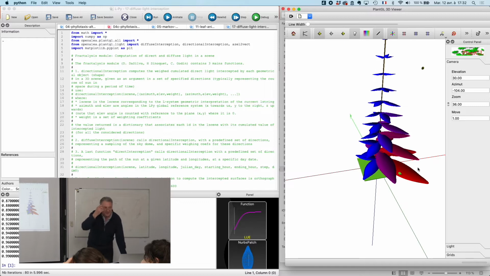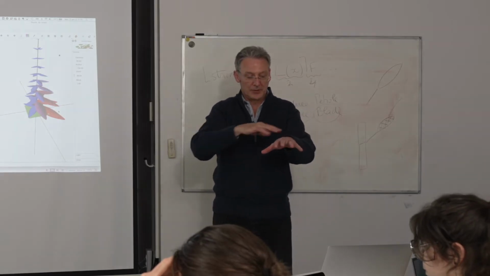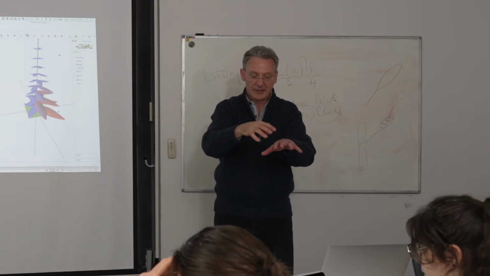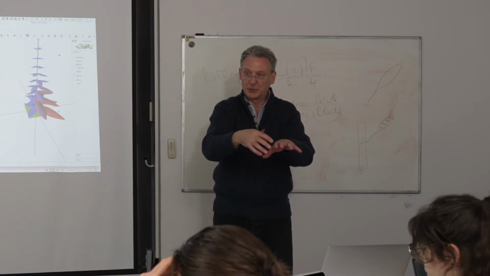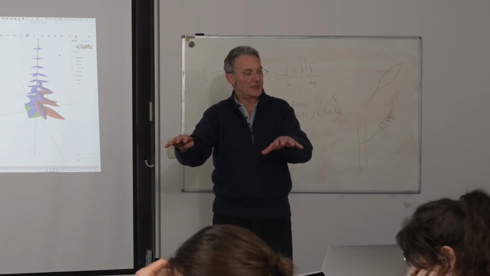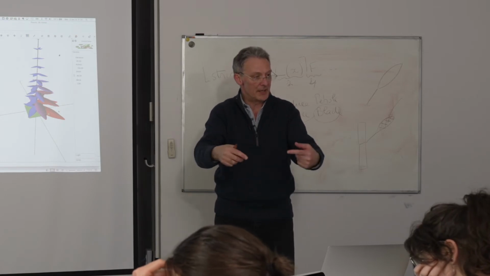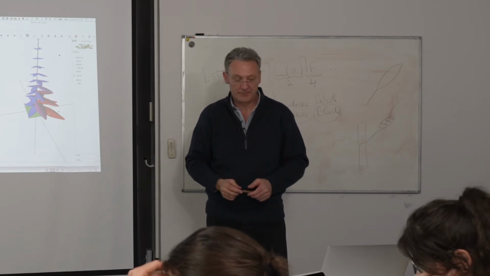Okay, so this is an example where you have the lstring, the LPy, that takes care of the growth of the plant, and it interacts with the external model that makes it possible to compute the amount of light intercepted by each leaf at each step of the simulation.